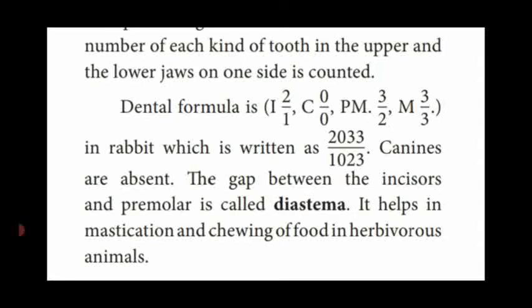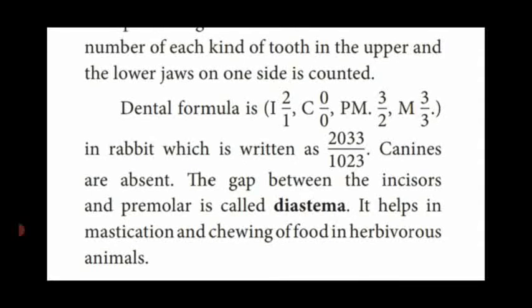Incisor I, upper 2, lower 1, 2 by 1. C, canine is absent, 0 by 0. Premolar, upper jaw 3, lower jaw 2, so 3 by 2. Molar, both upper jaw and lower jaw 3 by 3. So it is written as 2033 by 1033. So this is the dental formula for the rabbit.